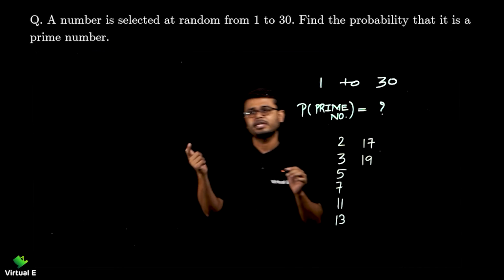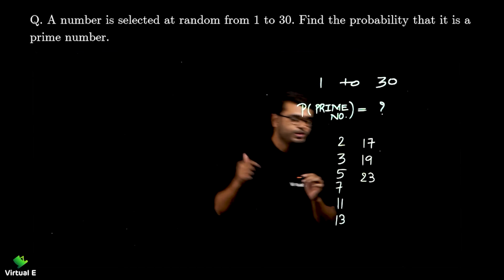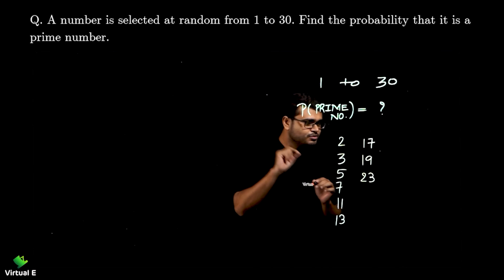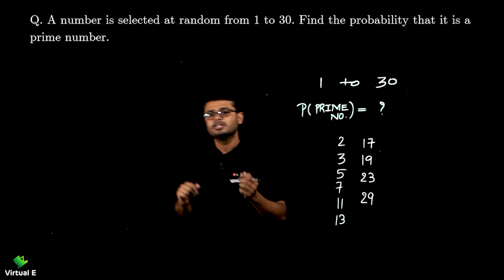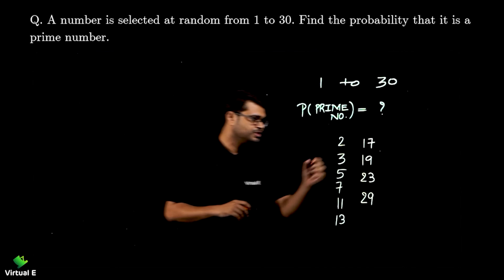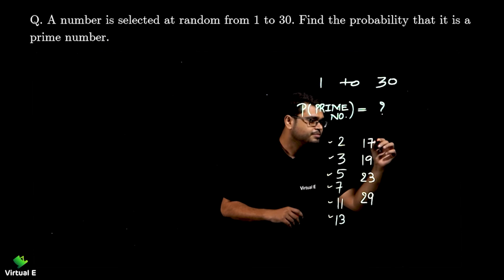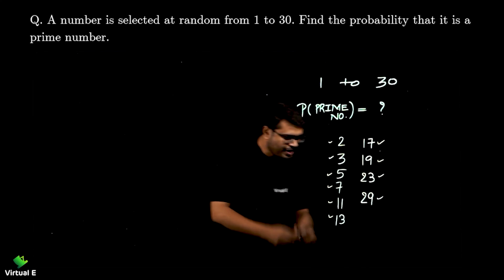Then 20, 21, 22 and 23, 24, 25, 26, 27, 28, 29. And 30 we know, right? So how many numbers are there? Let's count. 1, 2, 3, 4, 5, 6, 7, 8, 9, 10. Okay, so we have 10 prime numbers.